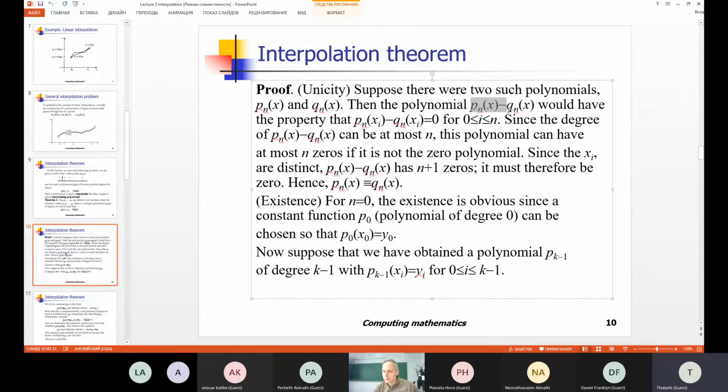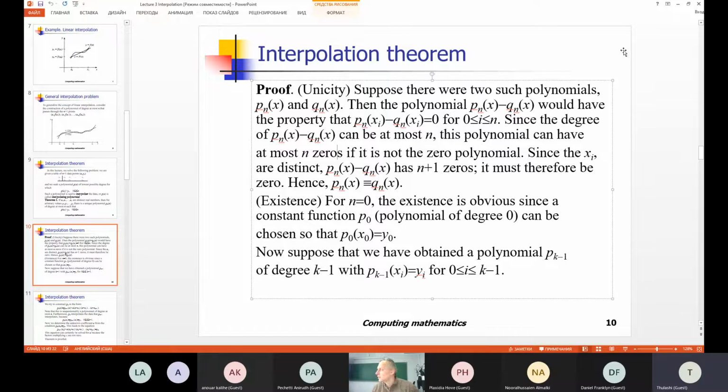Let's consider the polynomial Pn minus Qn. This polynomial has the property that p of xi minus q of xi equals 0 for all the points from 0 to n. And since the degree of this polynomial can be at most n, it can have at most n zeros, if it is not the zero polynomial.